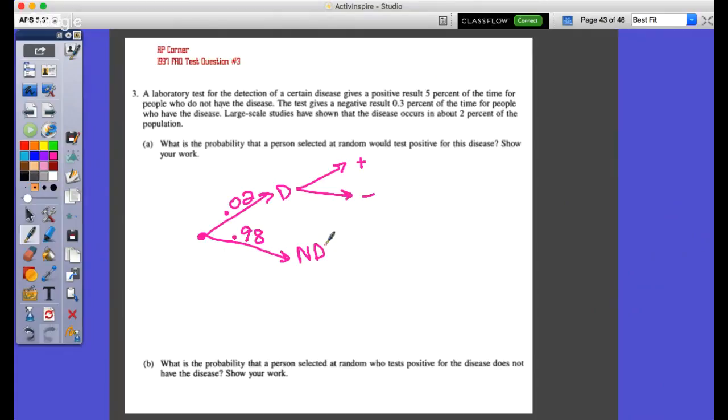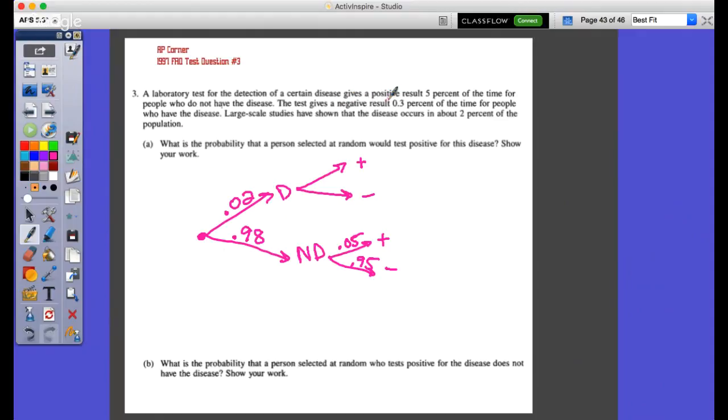So no disease, positive, and negative. It gives a positive result 5% of the time for people who do not have the disease. So if they do not have the disease, they still give a positive result 5% of the time, and the negative result 95% of the time.